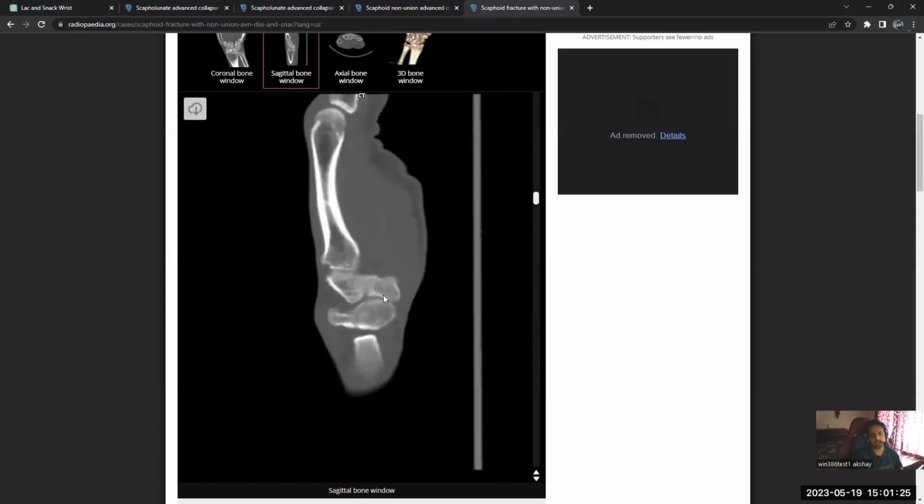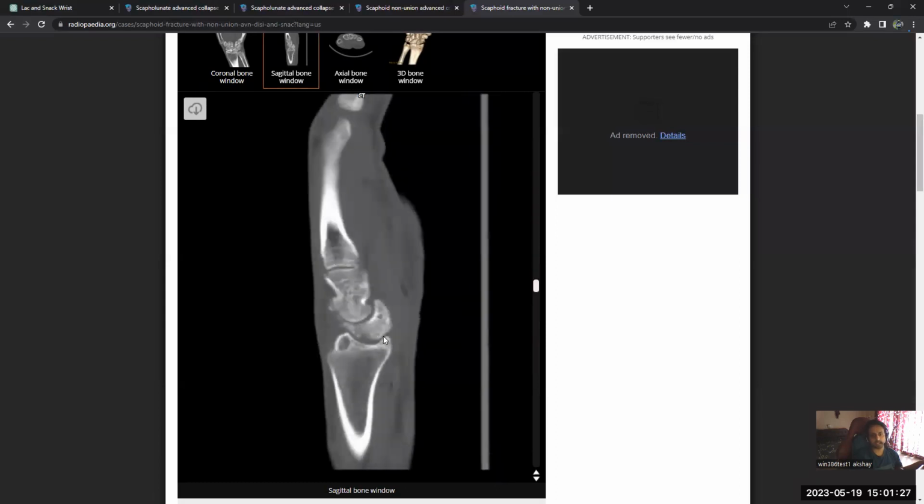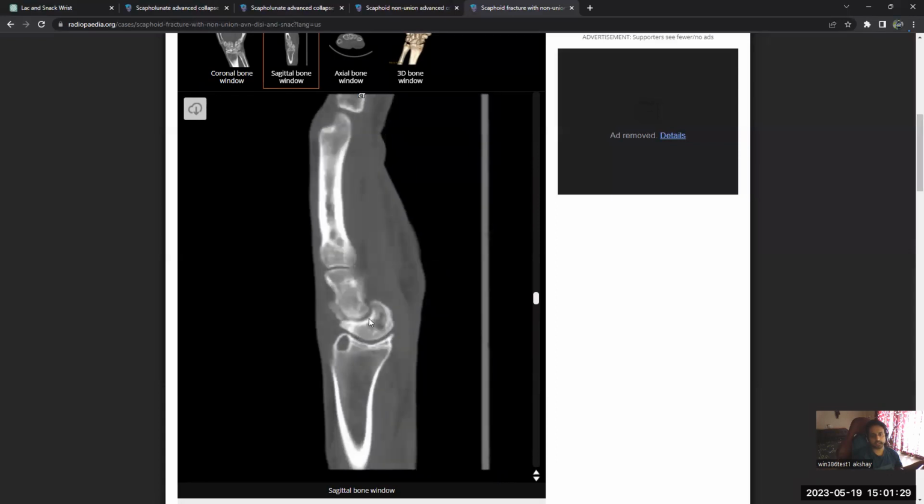And on a sagittal CT, look at the lunate bone. This is the dorsal aspect, this is the volar aspect, and the lunate is tilted dorsally. So this is a DISI deformity. The lunate is tilted dorsally because the capitate above it moves proximally.